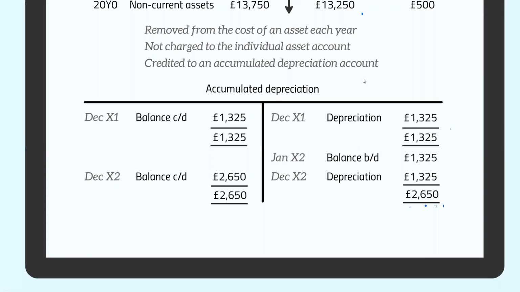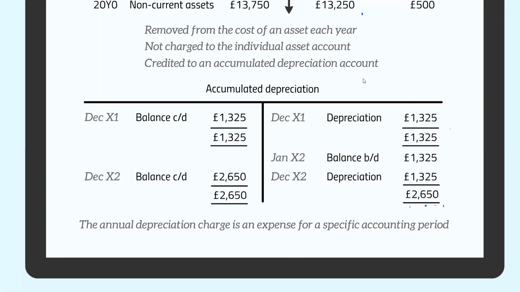The double entries for this are then a debit to the depreciation expense account. So obviously we talked about depreciation being an expense that we recognize annually. So when accounting for our annual depreciation, we debit our expense. Of course, an expense is always increased with a debit entry, and then we credit our accumulated depreciation account.